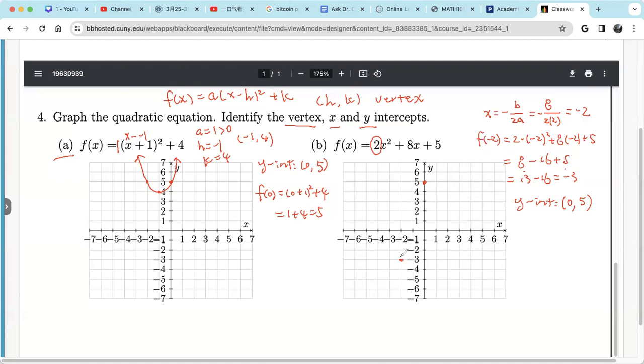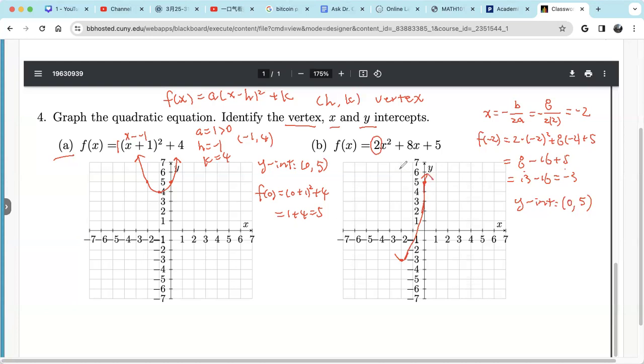So we can graph, but we have to figure out how this goes across the x-axis, right? Because it goes upward, it goes somewhere like this. So we have to graph it roundish.